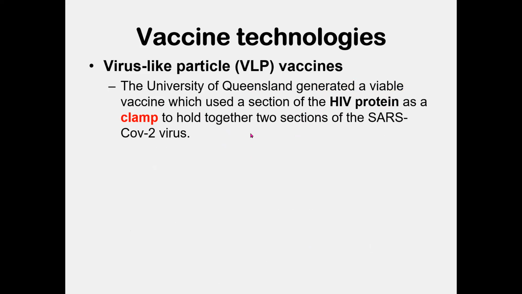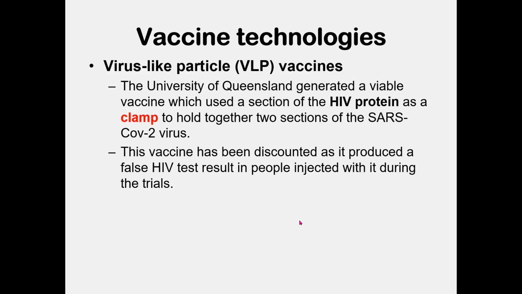And the problem was that people who were injected in the trials with this Queensland University system developed false HIV test results.